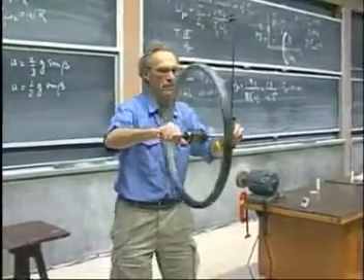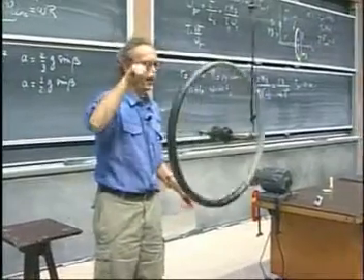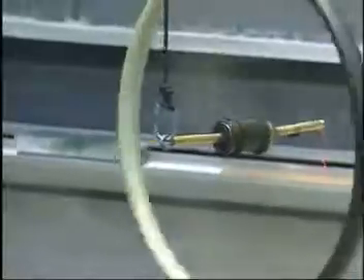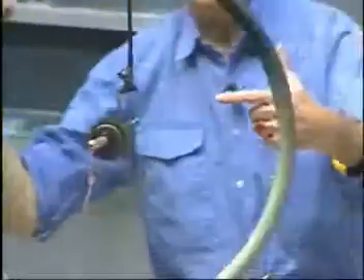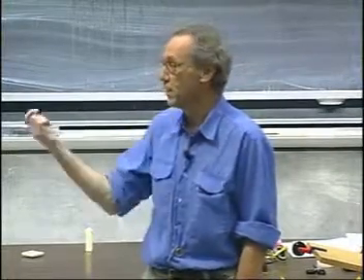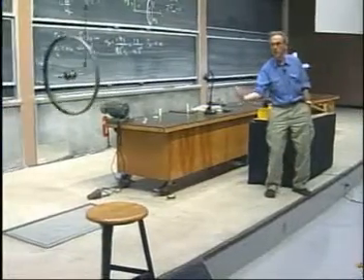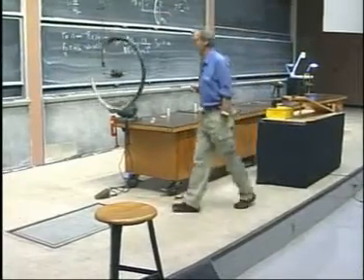Angular momentum is now in this direction. See, it's turning the other way around. Angular momentum is in this direction. Torque is now towards me. Angular momentum is chasing the torque. I've changed the direction of the spin angular momentum. I've not changed the direction of the torque, and now it is rotating as seen from below counterclockwise. Before it was rotating clockwise.